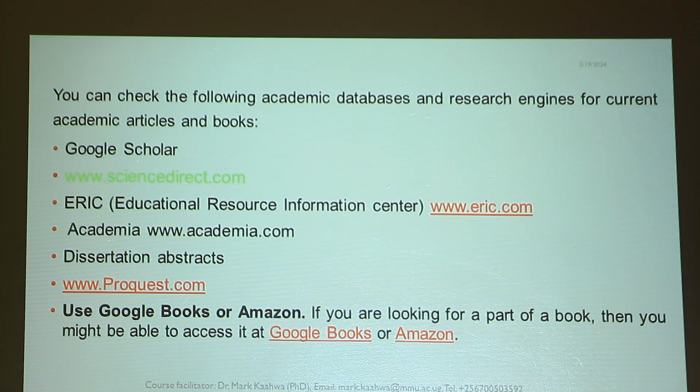Just like what we were doing when we were looking at other databases and search engines, what you have to do is open any browser, go to the search box, and then paste there. For example, if we want to search Google Books, we shall copy.